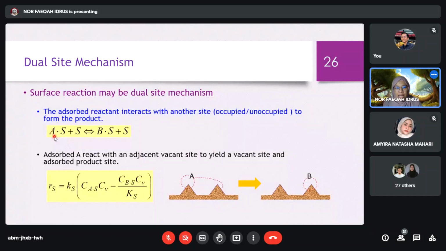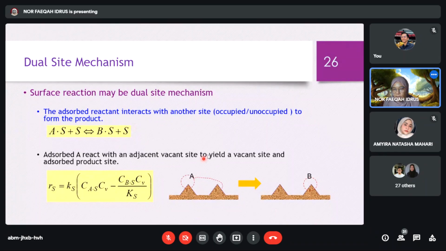So that's why A·S plus S. Because during the surface reaction, they require another vacant active site. Then a reversible reaction to produce the product plus S. Why plus S? Of course, both right and left must be balanced, so there must be a remaining vacant site.